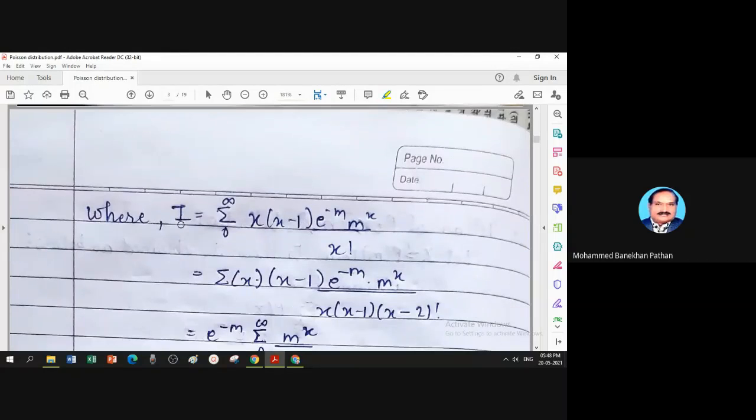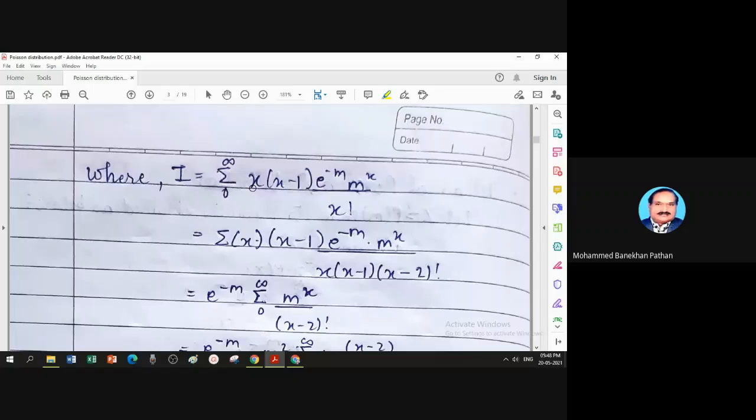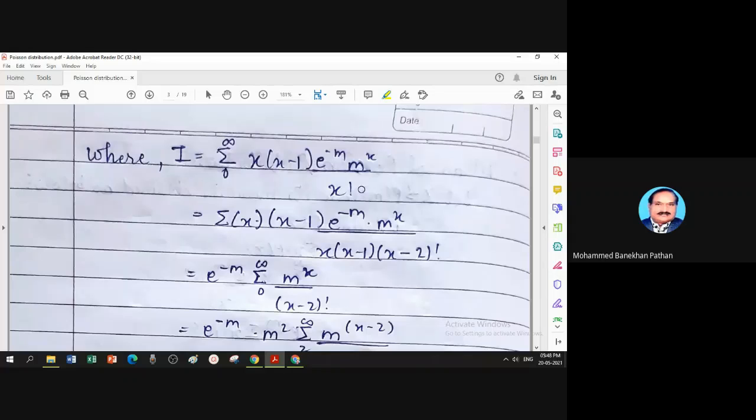Where 1 equals summation x into x minus 1, e raised to minus m, m raised to x by factorial x. Again, x factorial is written in the form of factorial like this: x multiplied by x minus 1 multiplied by x minus 2 factorial.